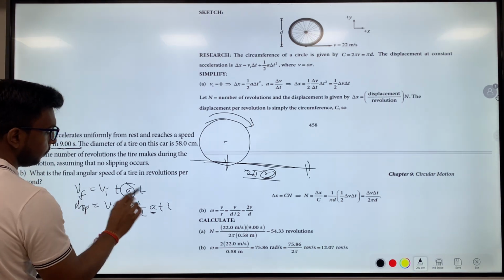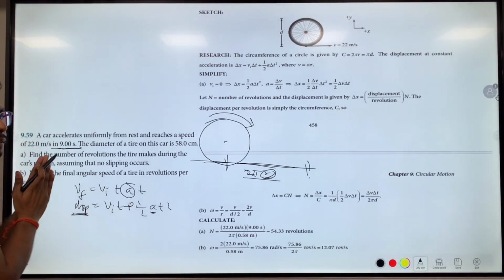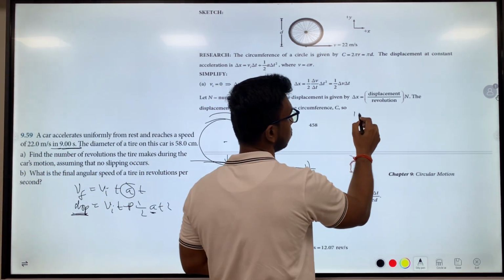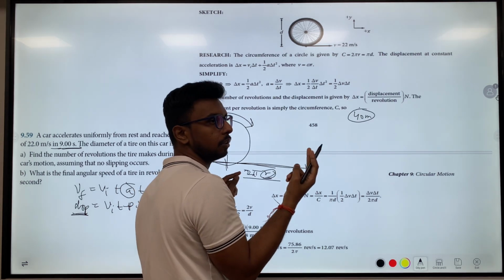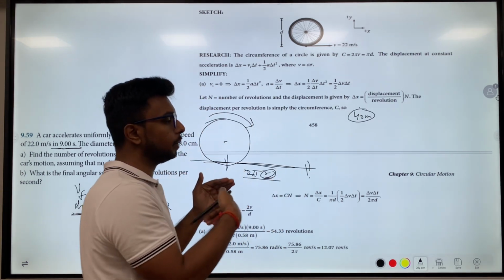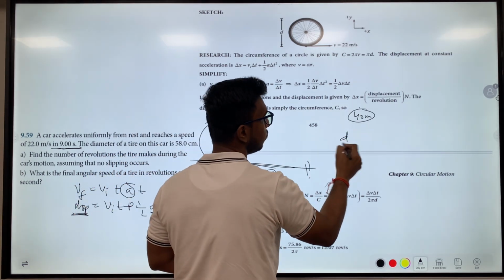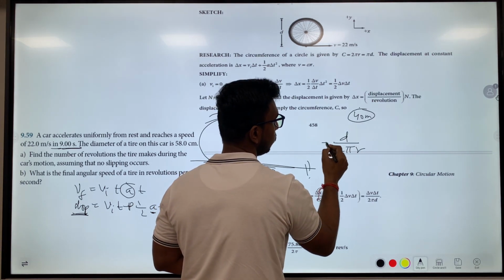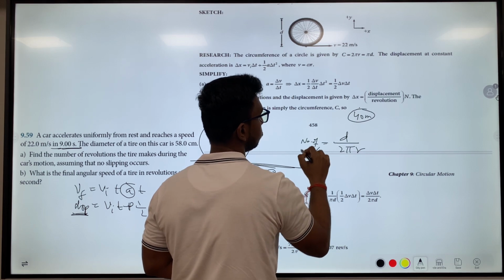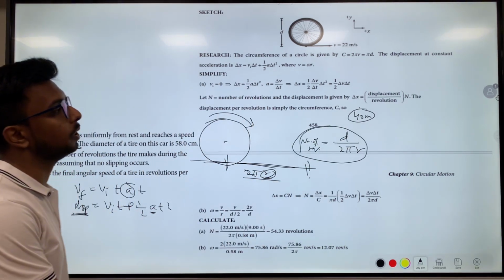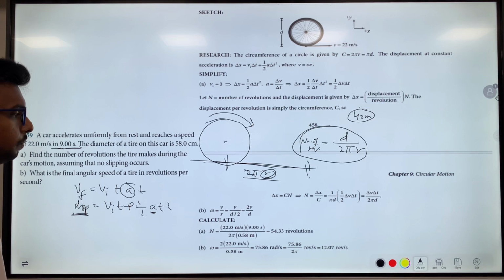Put the value of a, you will get the displacement. If I have the total displacement as 40 meters, and in one rotation the car travels a distance of 2 meters, how many rotations would it take? 40 divided by 2. So whatever is the distance, divide by 2 pi r, get the number of revolutions. That's what they want. Displacement over distance per revolution will give you the number.